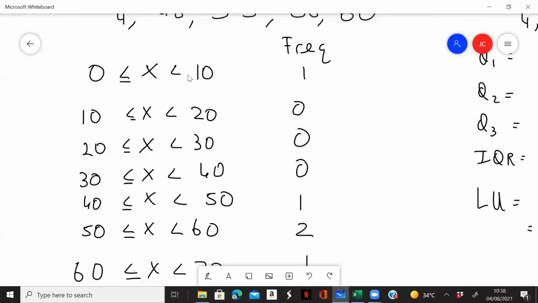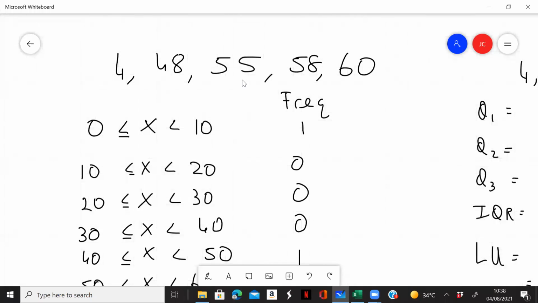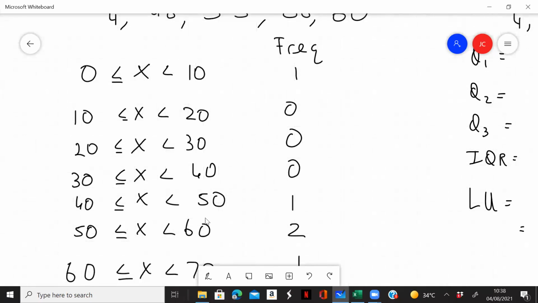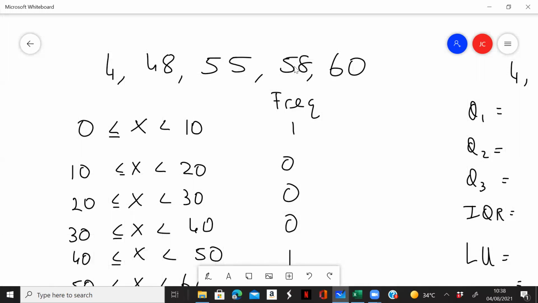This is called the frequency table. From 40 to 50, I have 1. From 50 to 60, but less than 60, I have 2. I cannot include 60 because 60 is equal to 60, so I cannot include it in the less than 60 numbers. And I have 2, which are 55 and 58.